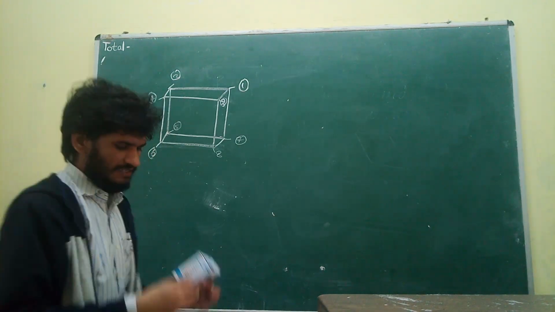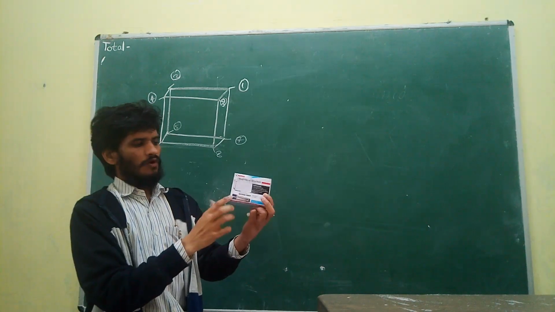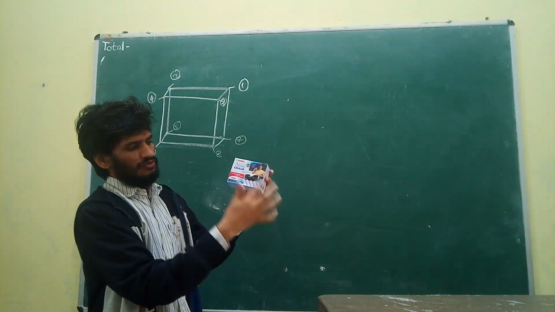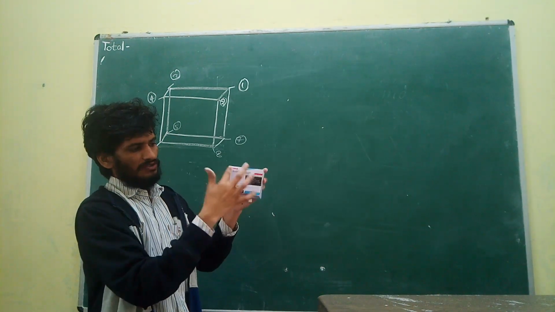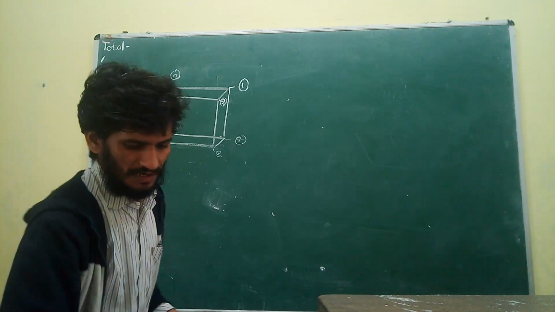If we consider it as a unit cell, 1 corner, 2, 3, 4, and on the back side 1, 2, 3, 4. 8 corners.